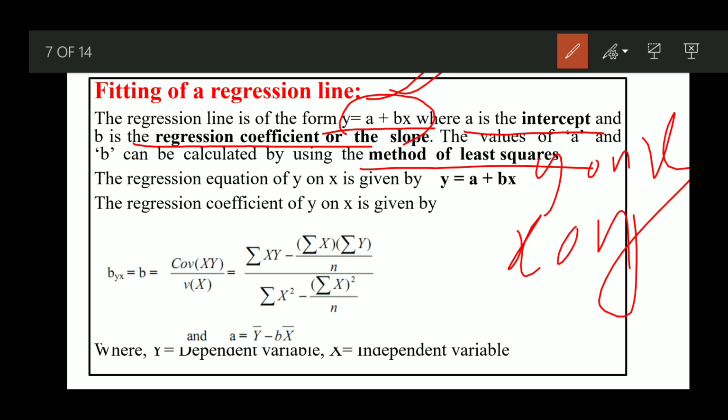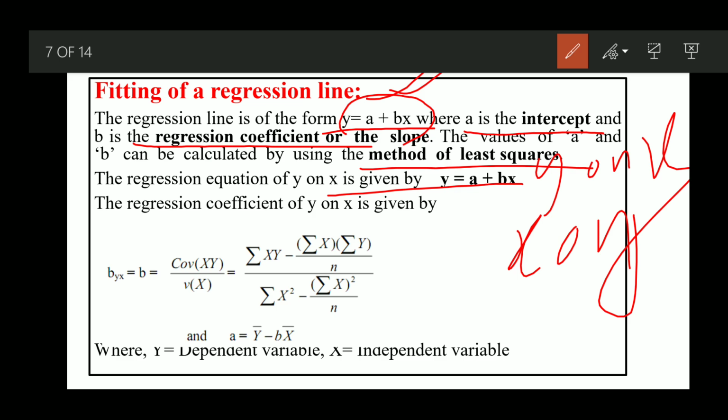Here b is also known as the slope, which gives the amount of change in the dependent variable corresponding to a unit change in the independent variable. That means if a unit change happens in the independent variable, b will show you whether the dependent variable is changing and by how much. This is the regression equation of y on x.